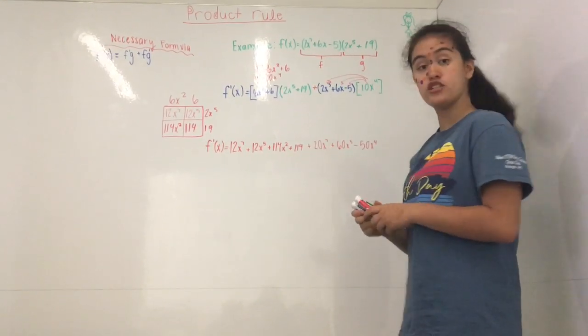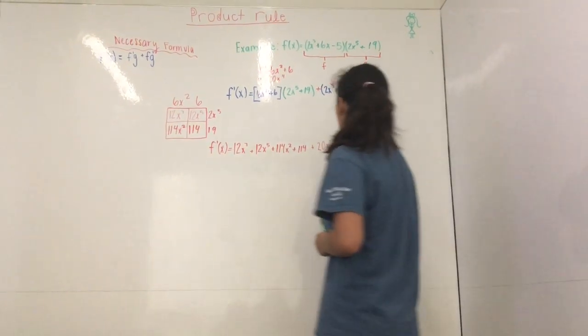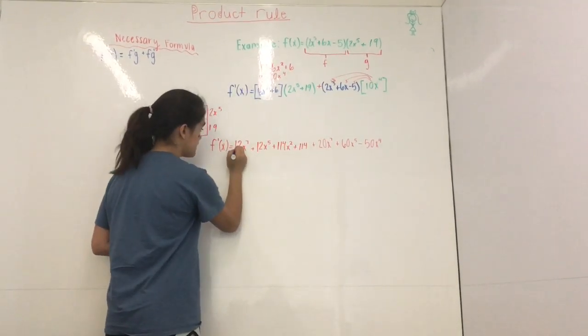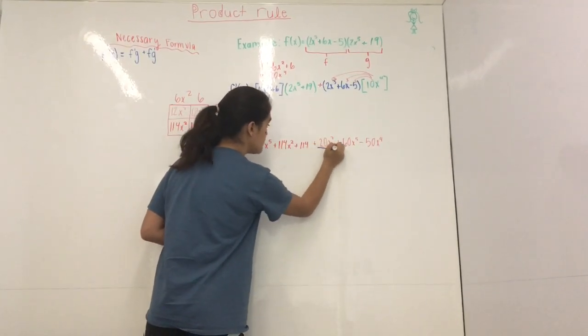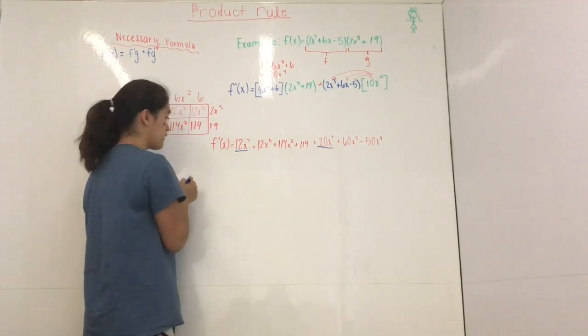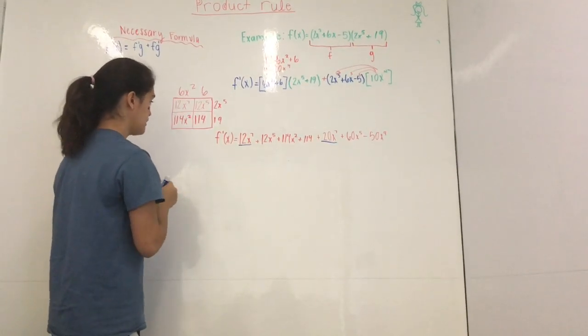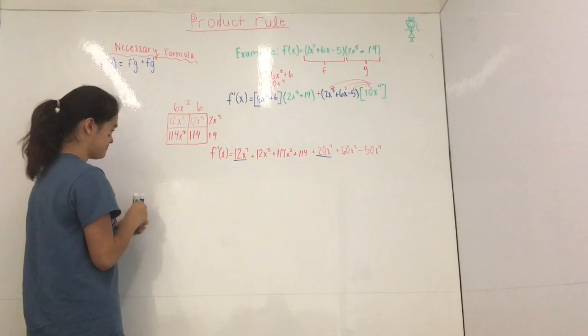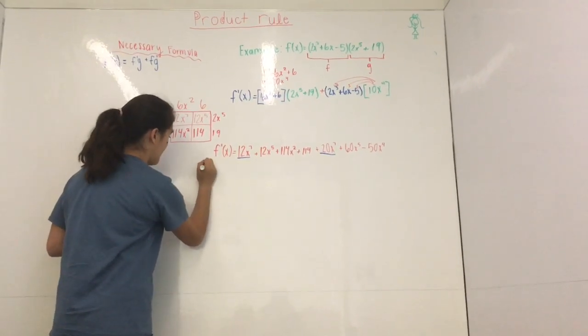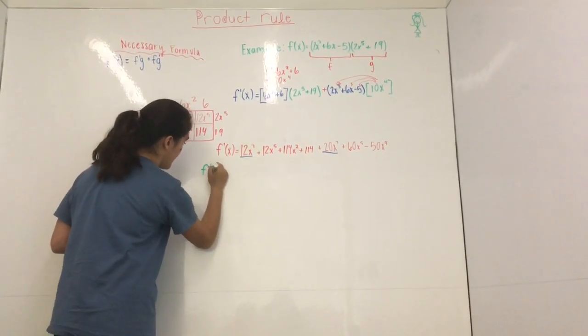And then we're going to combine like terms. So we're going to start with our largest term, which we see is x to the 7th. And when you combine that, of course, we're going to write that it is f derivative of x.